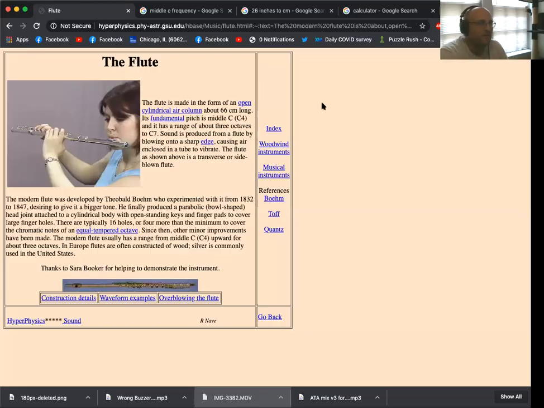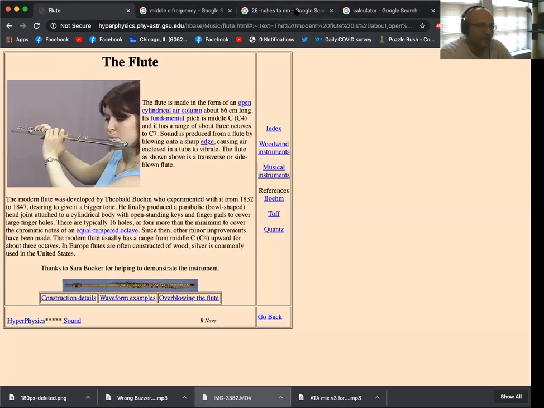I still have one, can't play it very well, but one thing I can relate this problem to is a hyperphysics page about the flute I've called up here. The first thing it says is the flute is made in the form of an open air column about 66 centimeters long. Now, 66 centimeters is a little bit longer than 2 feet.